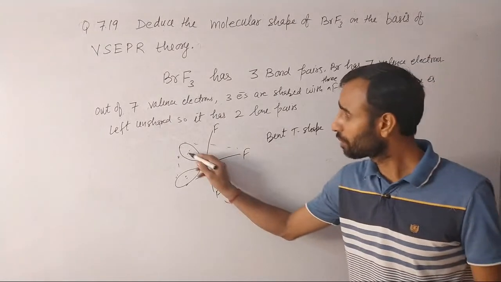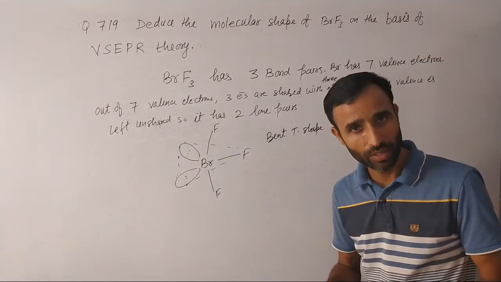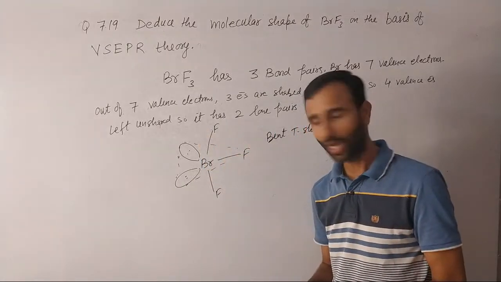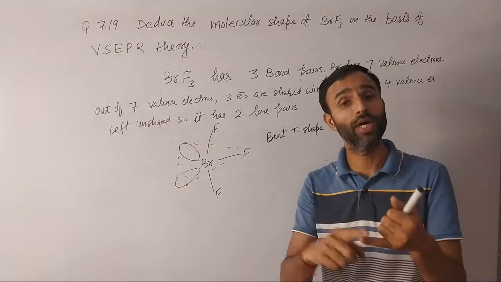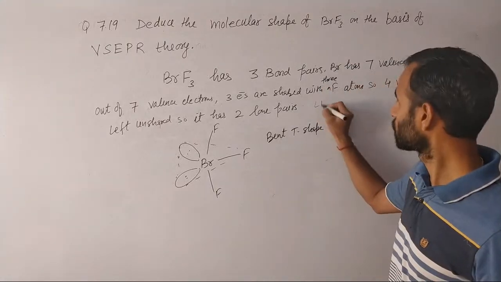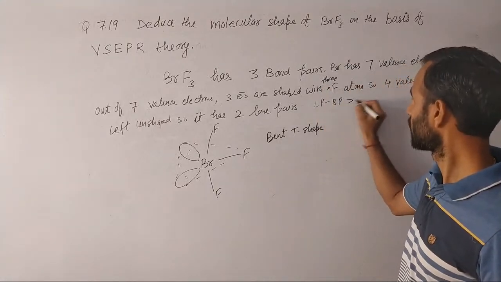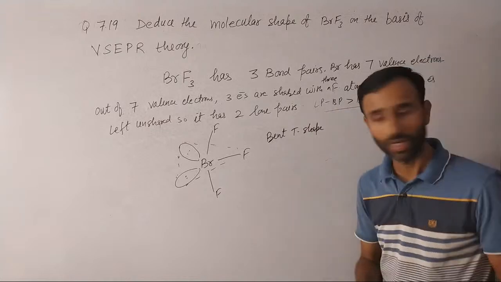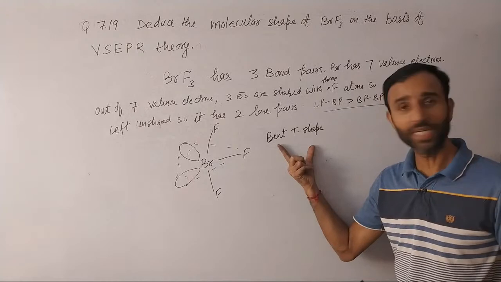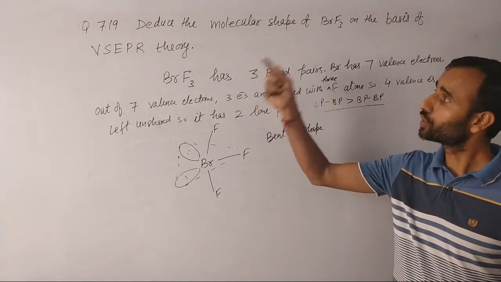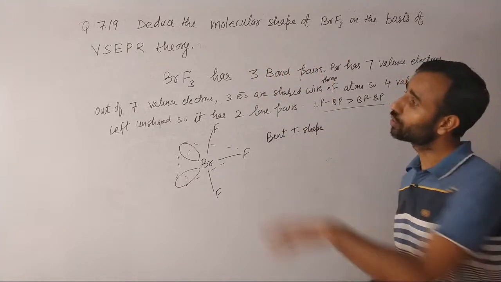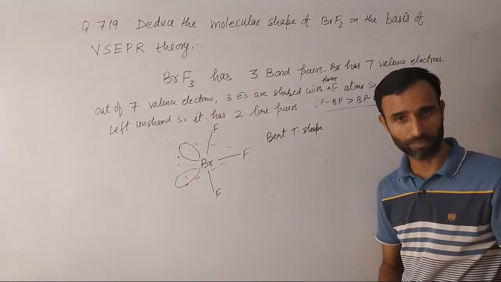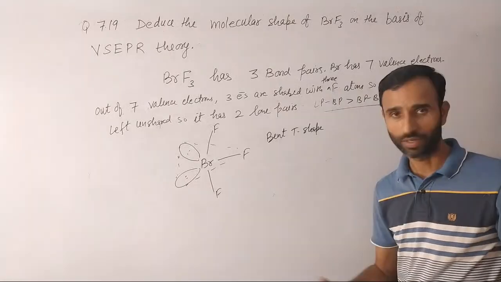But due to the presence of 2 lone pairs, these bond pairs are slightly bent, because lone pair-bond pair repulsion is greater than bond pair-bond pair repulsion, and that's why it is bent T shape. So the shape of BrF3 according to VSEPR theory is bent T shape, right?